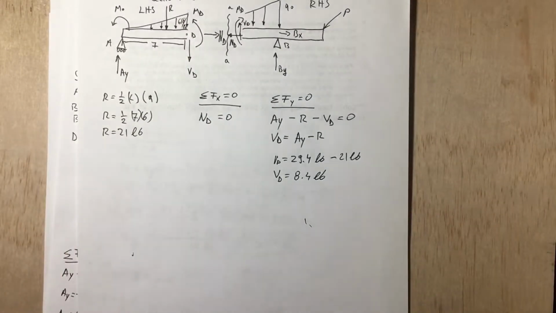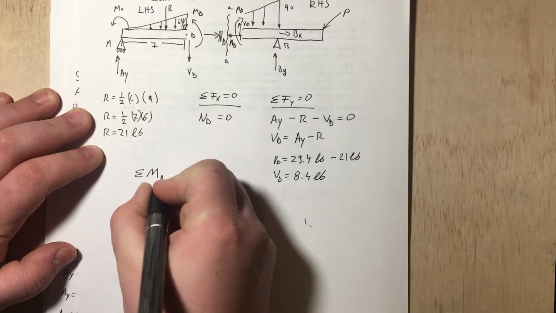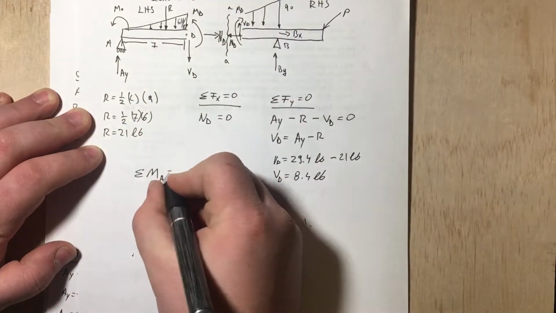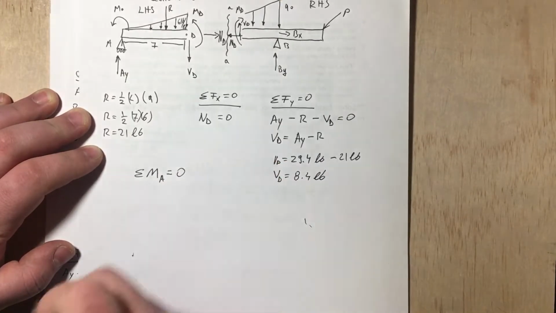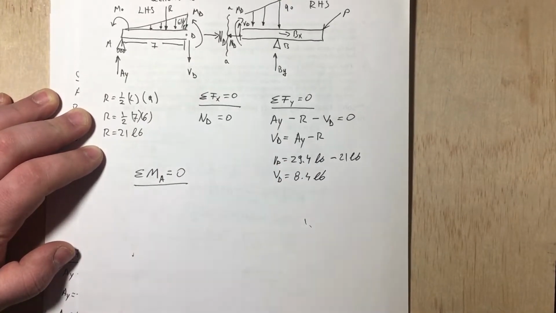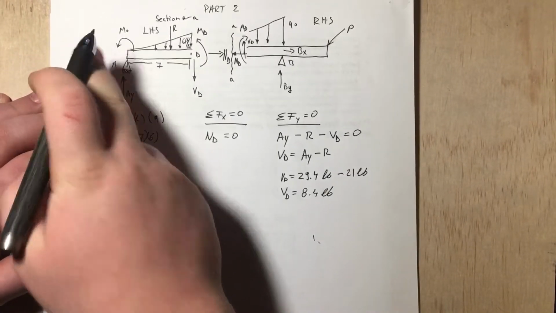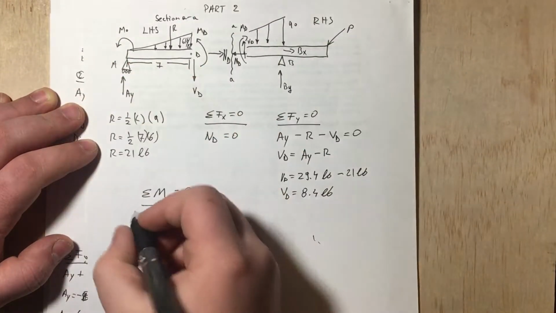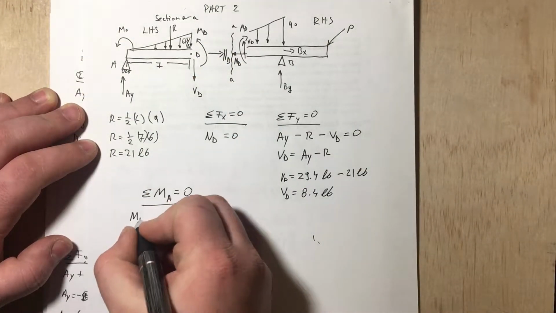So let's go ahead and sum moments at point A. You can do that at point D, it doesn't matter. I usually start on the left, it just makes it easier for me. Okay, so we have moment MO that is going to be positive, right hand rule, so it's going counterclockwise, that's positive.